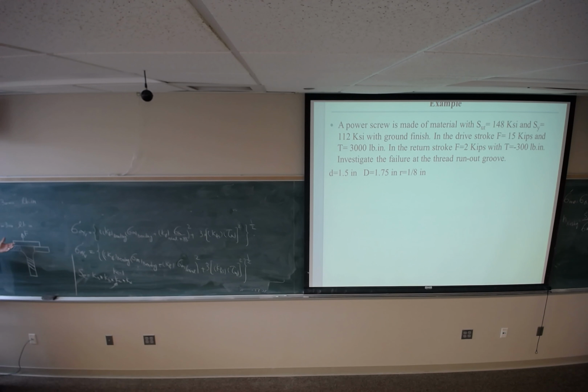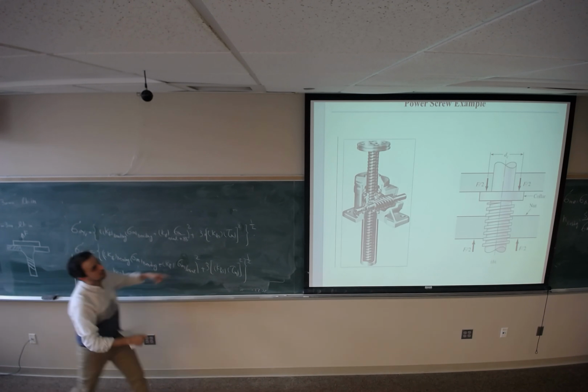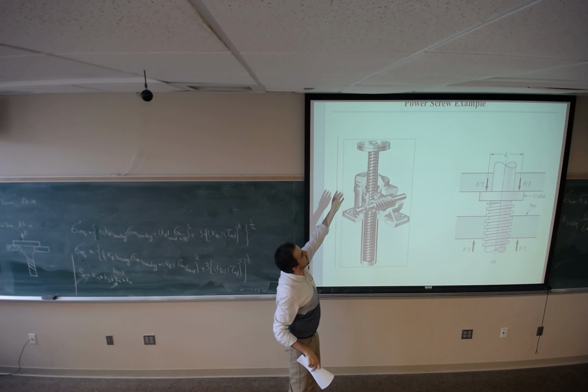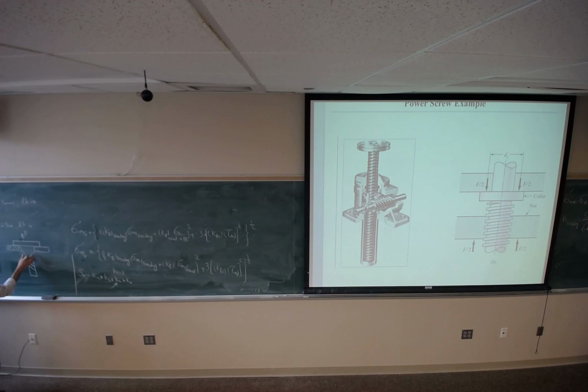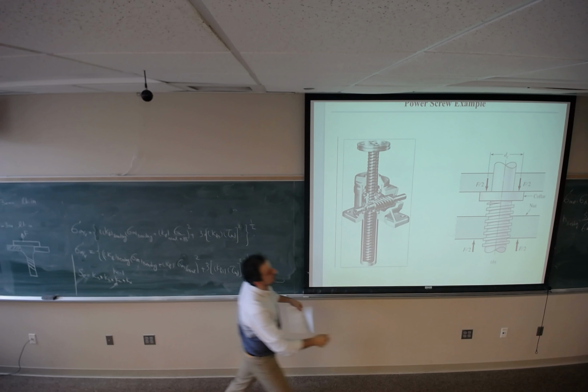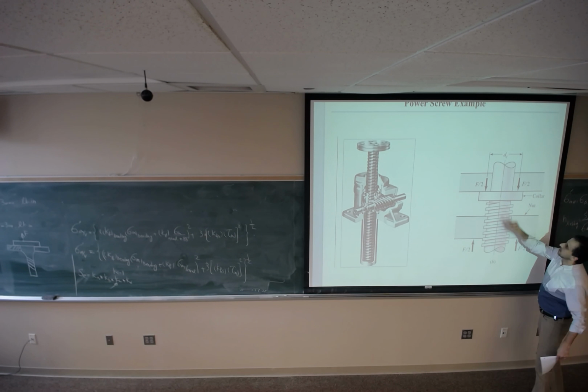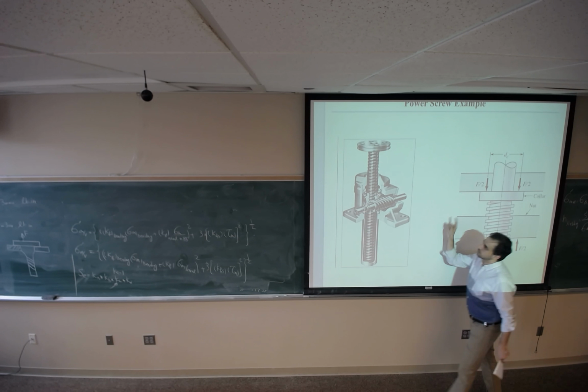This is the power screw, with the load or weight that you put on it. On the top, you can see a disc. This disc is representing this part of the power screw.